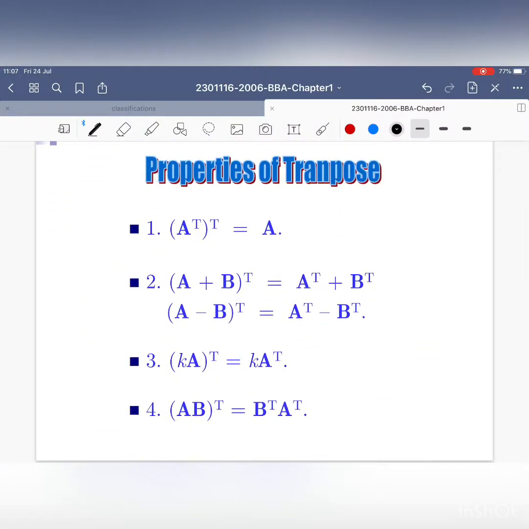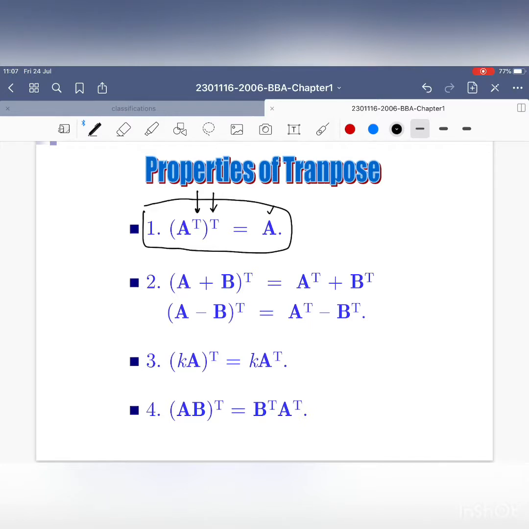Another one is that if you do a transpose, you got this first property, you already know that if you switch the row and the column and then you do switch again, it will go back to the same thing.